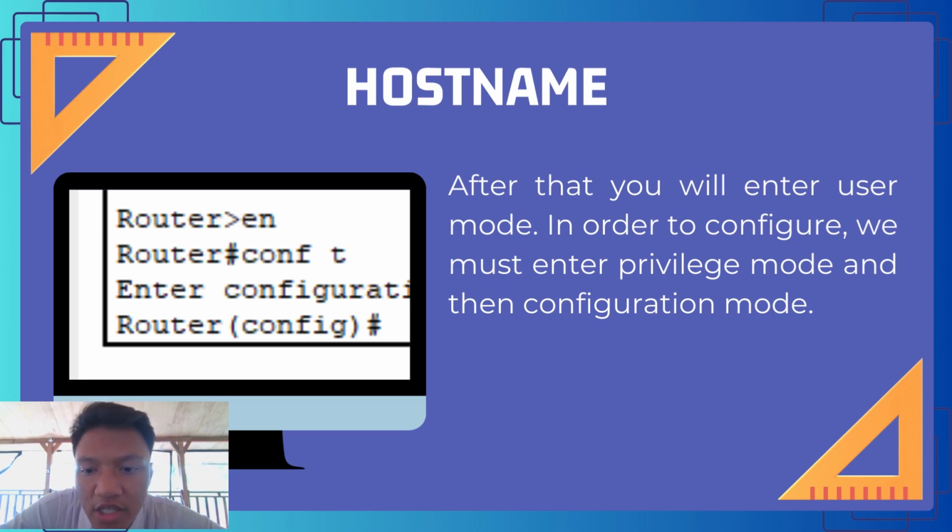You can type enable, and then click enter, and then you can see the hashtag sign in the word return. And then after you get into the privilege mode, you can type conf t or configuration, and then click enter. After that, you have already gotten into the configuration mode.